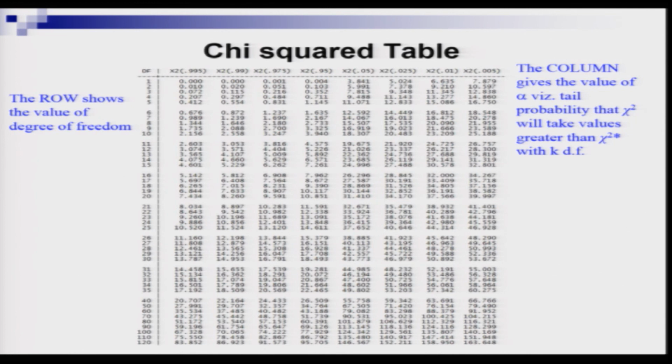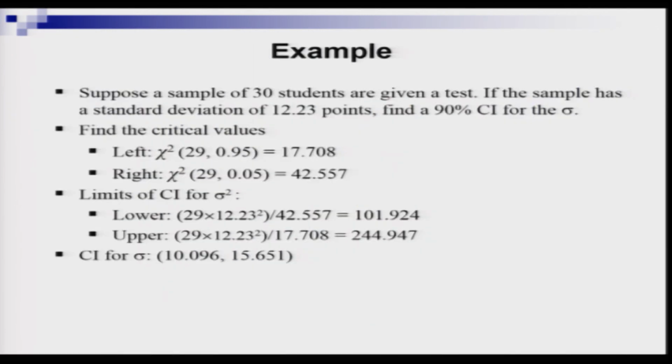So, now with this table, let me look at an example, and through that example I will also show you how to consult this table and get the critical values or the threshold values from the chi-square distribution. So, here is our example.